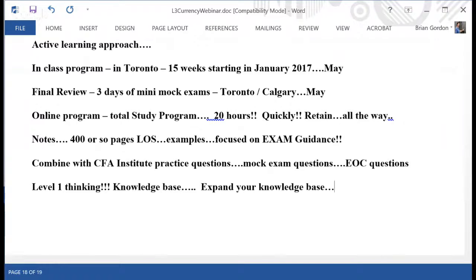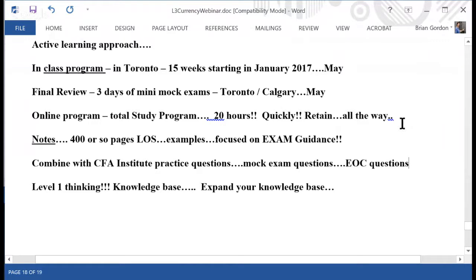So you put together the material, the recorded lessons. Everyone in the classroom program gets access to the recorded lessons and all of the notes, and even online, they get access to all of this material.